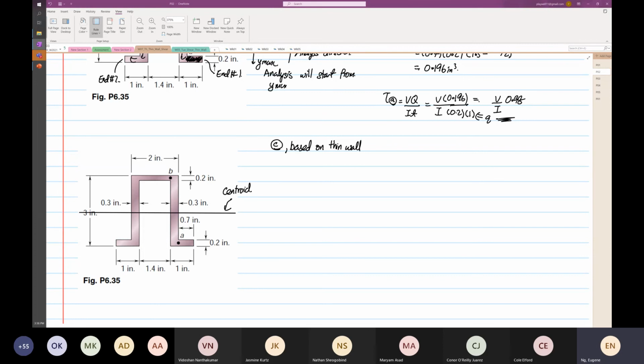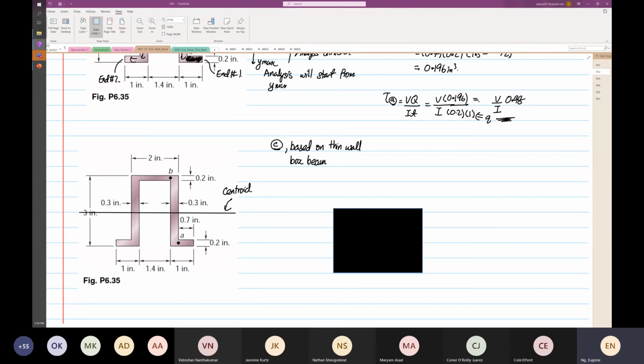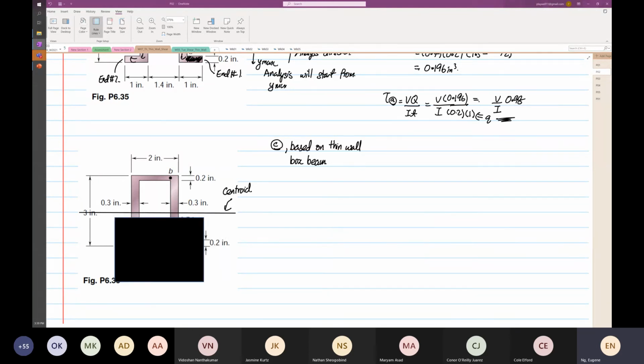I need to make sure there's enough space. Okay, so this is point C that we're going to find.